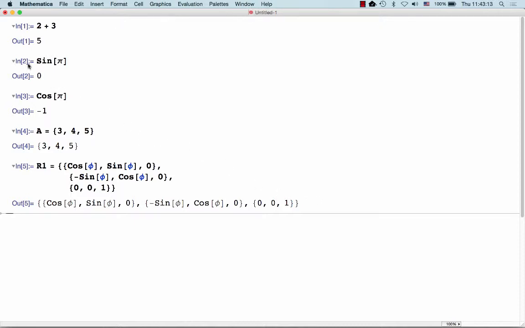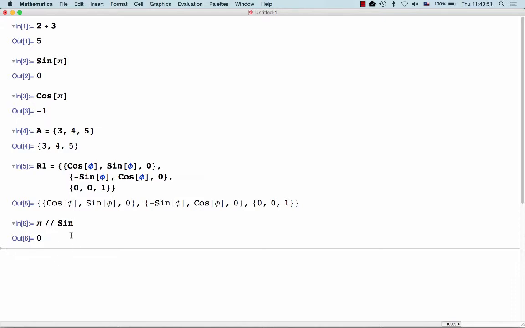Now you'll notice the way you usually invoke a function is you write the name of the function and then you put the argument in square brackets. But there's more than one way to do that in Mathematica. So just as an aside, let's say that I wanted to calculate the sine of pi. This may seem like kind of a silly way to do it, but it'll get the point across. This slash slash means take whatever was in front of it and stick it in as the argument of the thing after it.